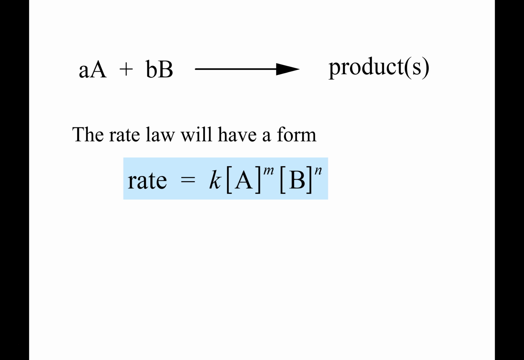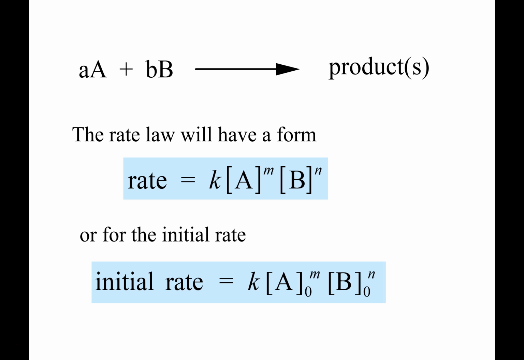The reaction rate, rate, is equal to k, we'll talk more about what k means, times the brackets. What do the brackets mean? Remember? Molar concentration. Molar concentration of A raised to m times the molar concentration of B raised to n.